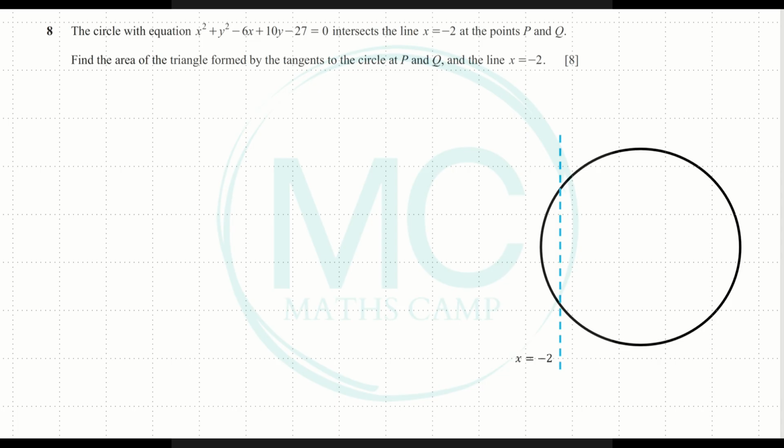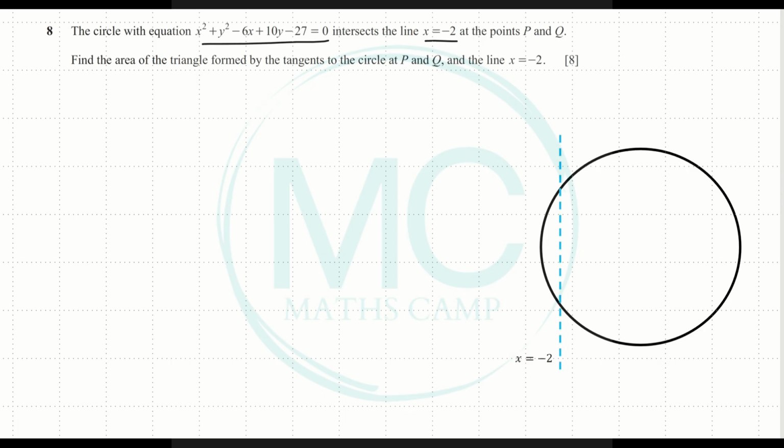The other two sides are formed by the tangents to the circle at P and Q. So to get an idea of what the tangents look like, let's start by finding the coordinates of P and Q. The question tells us that at these points, the line x is equal to negative 2 intersects the equation for the circle. So the x coordinates of both point P and point Q will be negative 2. So let's find the y coordinates.